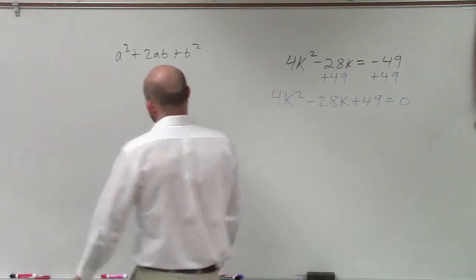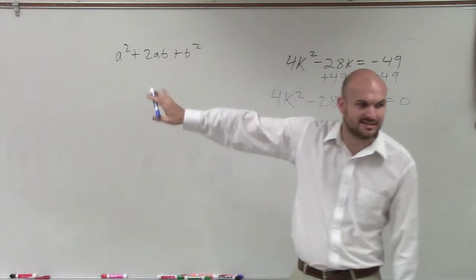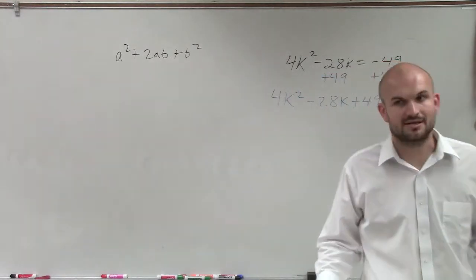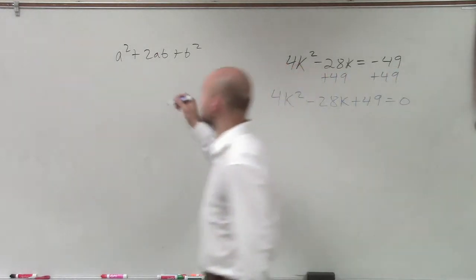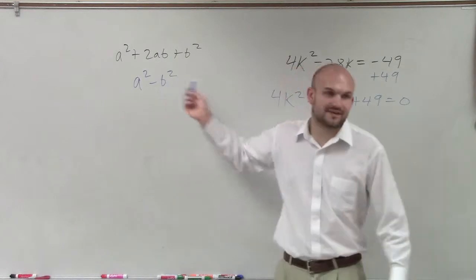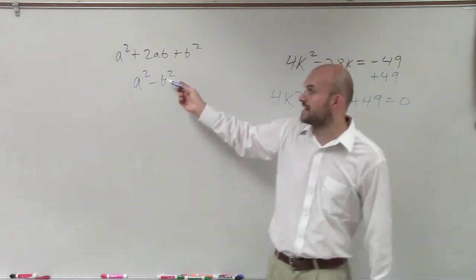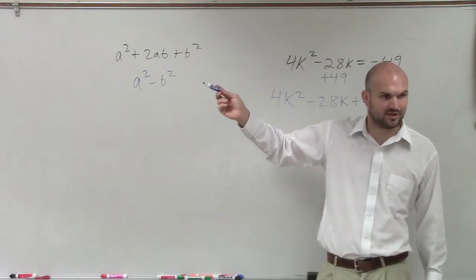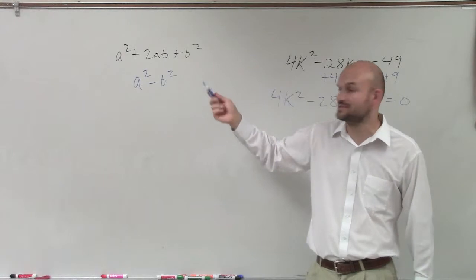However, ladies and gentlemen, if I see something large like this, I always want to look: can it be a perfect square? Remember, when we saw two square terms, a squared minus b squared, we know that's difference of two squares. I can use a special factoring technique, which equals a minus b times a plus b, per your homework quiz today.